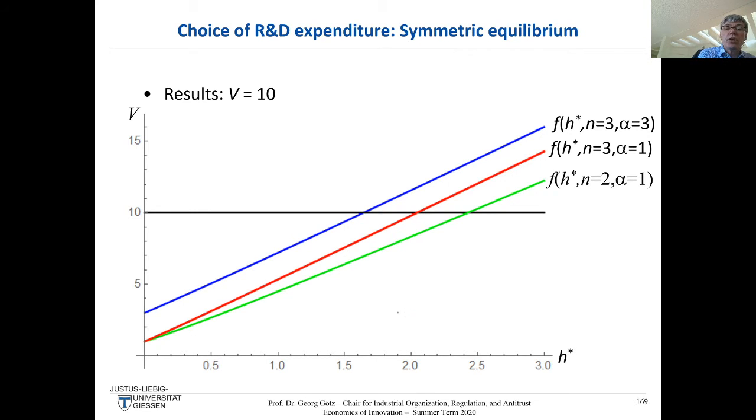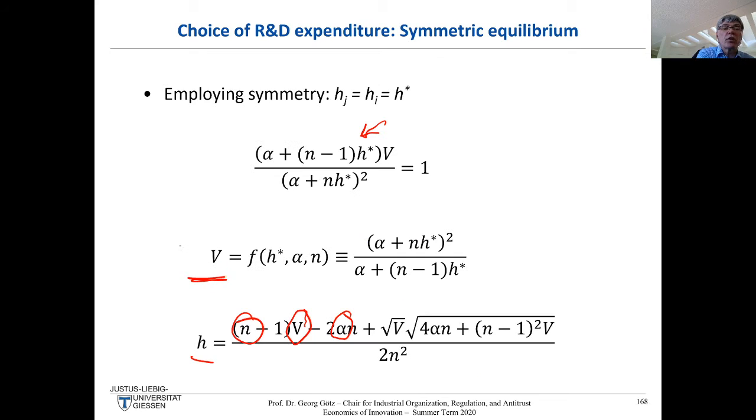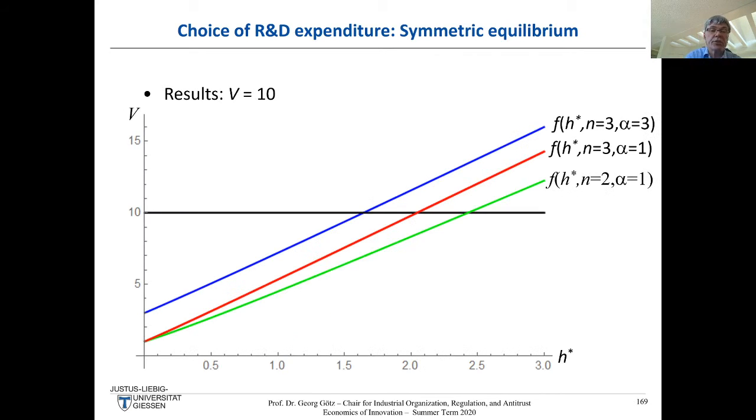What you see here, and here is also why I put it in this term here, or actually I think Bester did it like this. You can just easily plot this curve here. What you have here is the optimal h, and here is the given v.